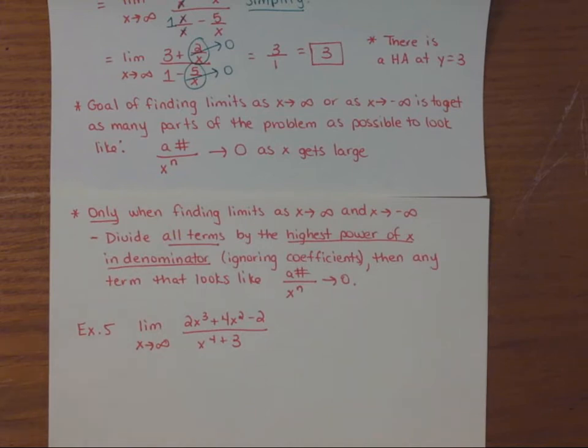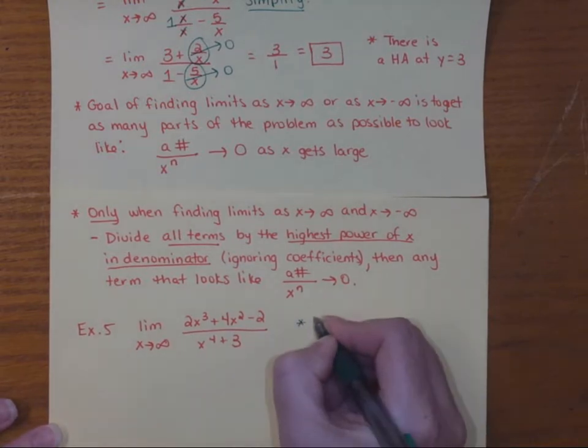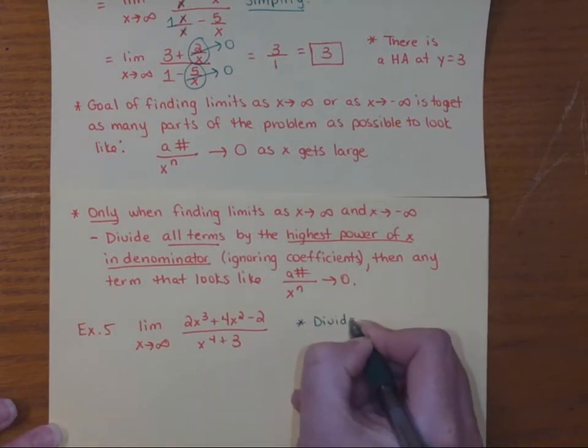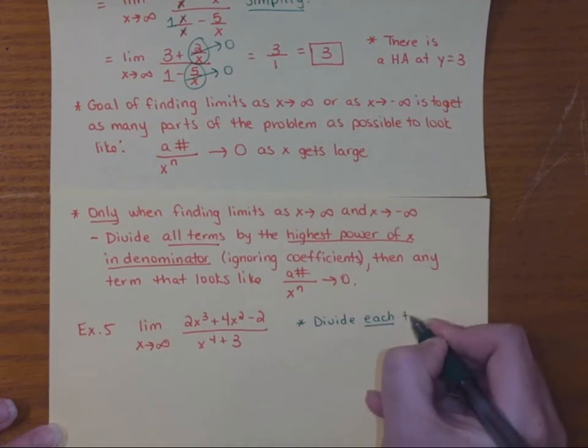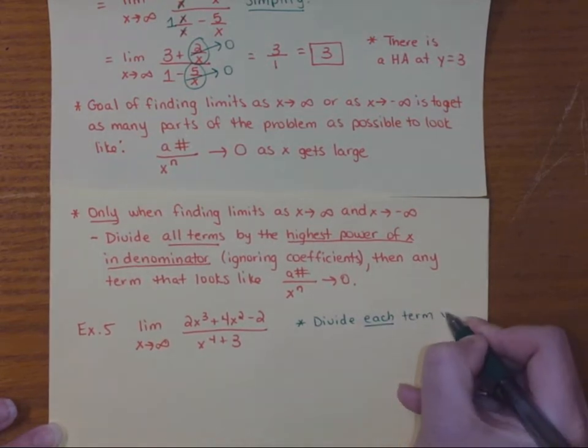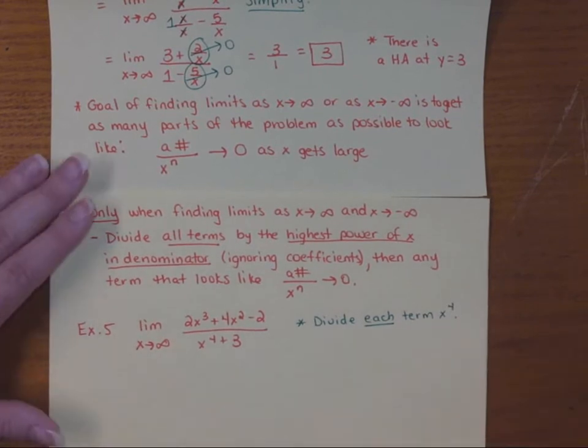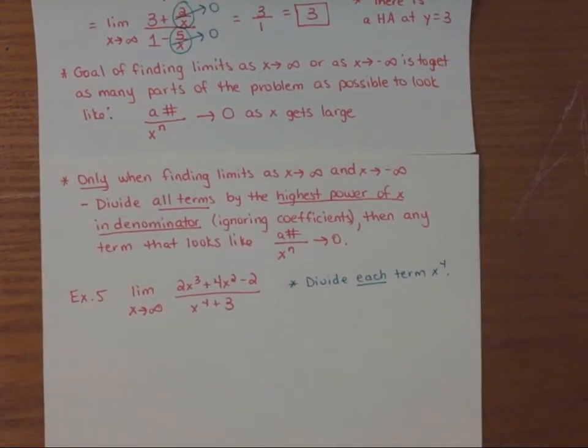Notice we're doing the limit as x approaches infinity, so we would use this new method. You're going to divide all the terms, each and every one of them, by the biggest power of x that you have in the denominator. So you're going to divide each term by x to the 4th, because if you look in the denominator, x to the 4th is the largest power of x we have.